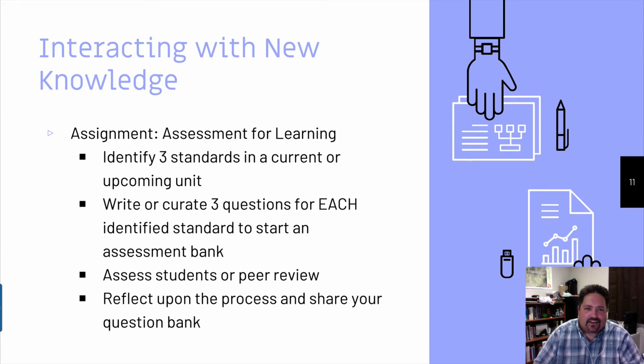Identify 3 standards in a current or upcoming unit. Probably better in a current unit than an upcoming one, because you're actually going to have your students take these items and then reflect on how that went. So we want you to find 3 standards and then write or curate, which means find or identify, 3 questions for each one of those identified standards to start an assessment bank.